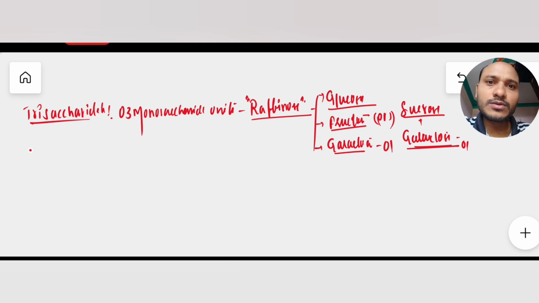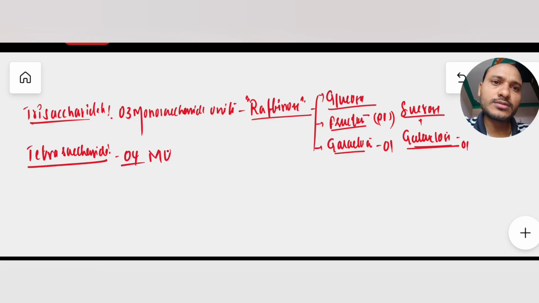Likewise we have one more type of oligosaccharide, that is tetrasaccharide. In a tetrasaccharide, how many monosaccharide units? 4 monosaccharide units are involved. The best example of a tetrasaccharide is stachyose. Very important: stachyose is a tetrasaccharide oligosaccharide.